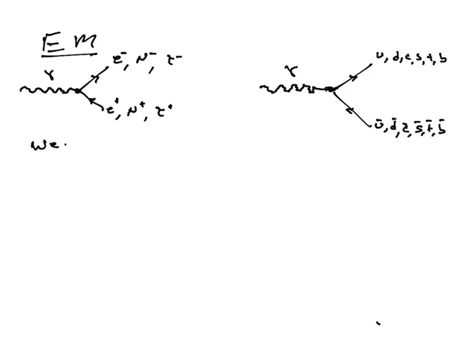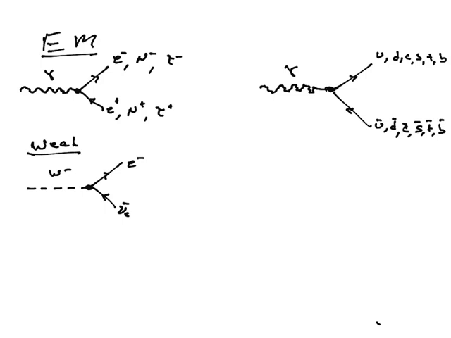The weak. So for the weak, we could have something like this. You could have a W, I'll make this one the W minus, and that could become an electron and an electron antineutrino. So that would look like that.